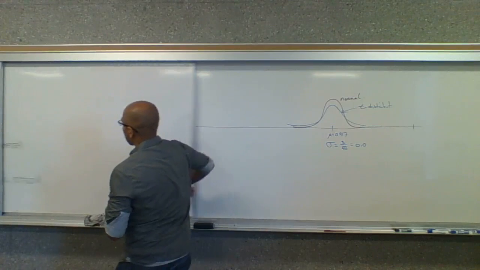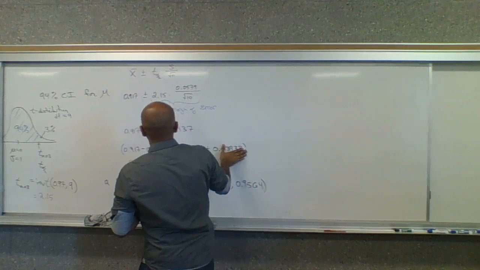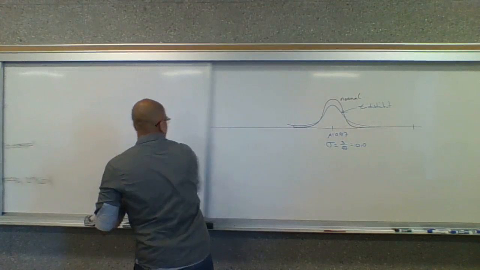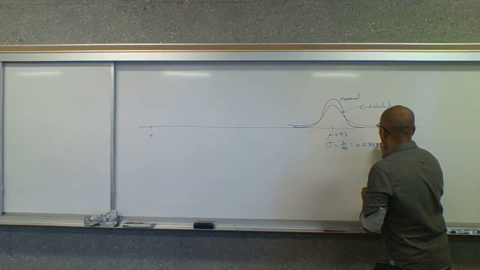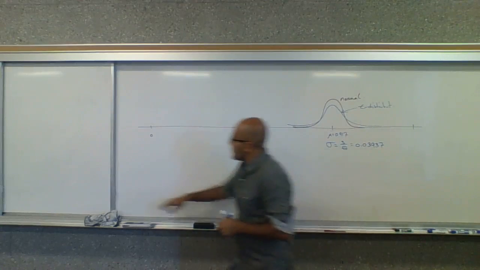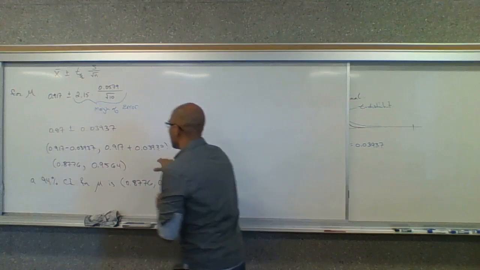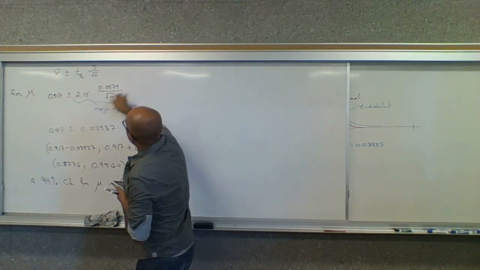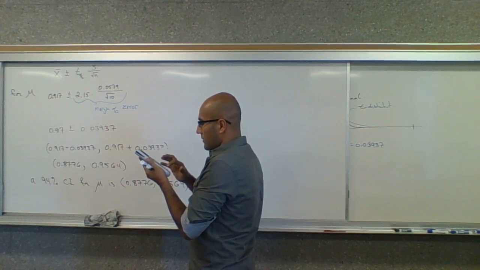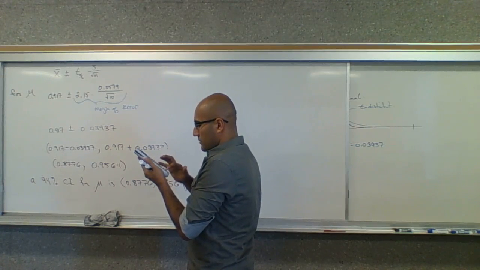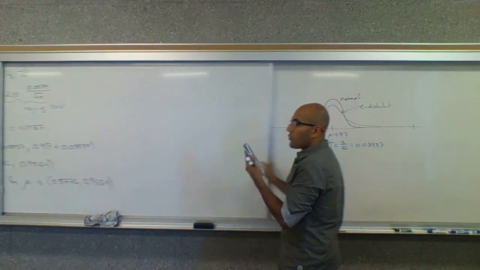Did we write it down? 0.03937? Yes. Was that s over... oh wait, no, that's this thing, so it's just this part. It's 0.0579 divided by the square root of 10, which gives you 0.1831.